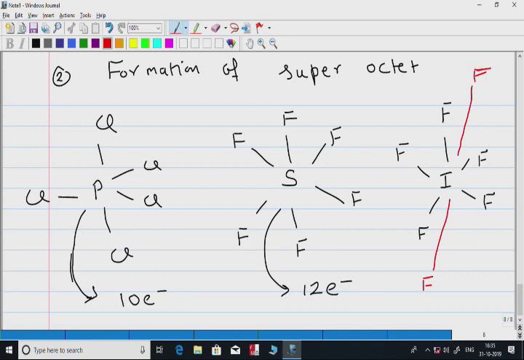This is IF7. How many electrons will it have in its valence shell? Exactly, 14. So again, guys, there are many known examples where the octet is being exceeded. You can copy these examples and confirm once.